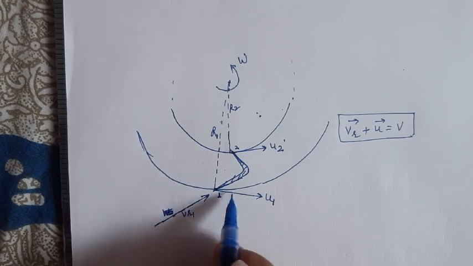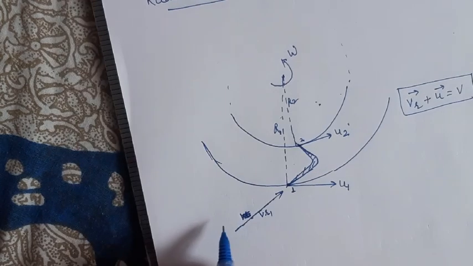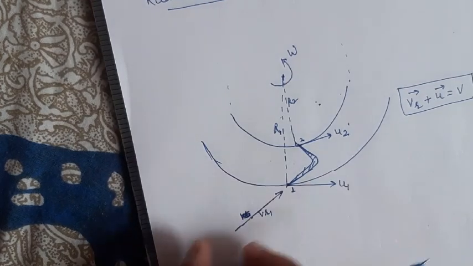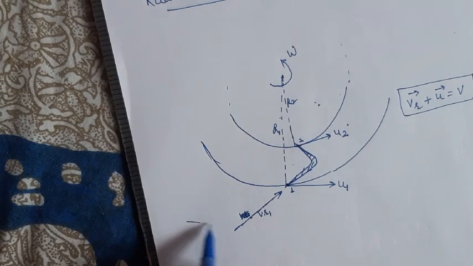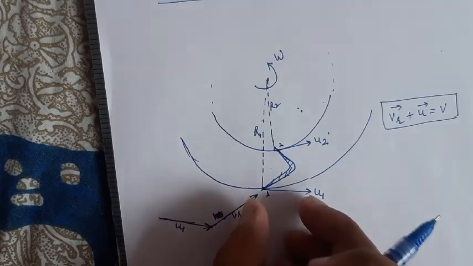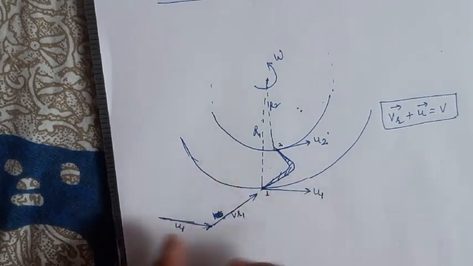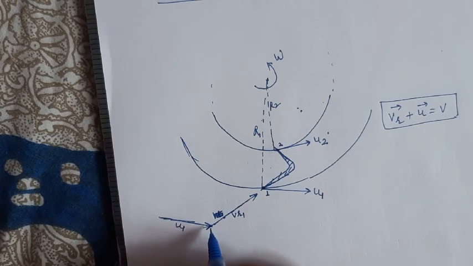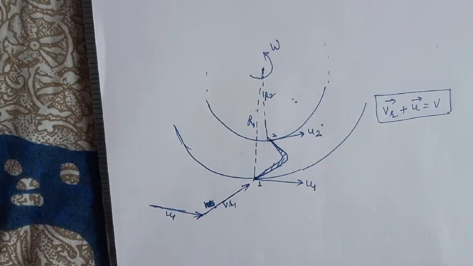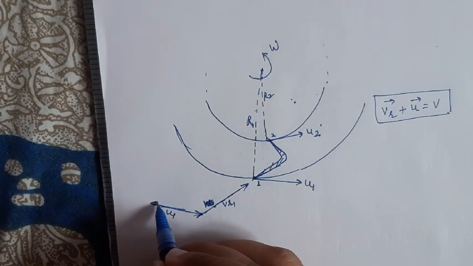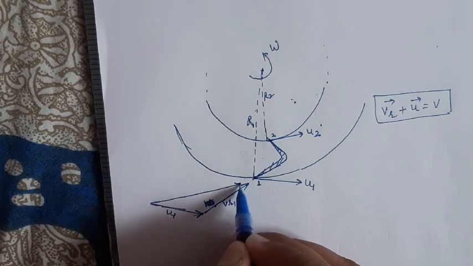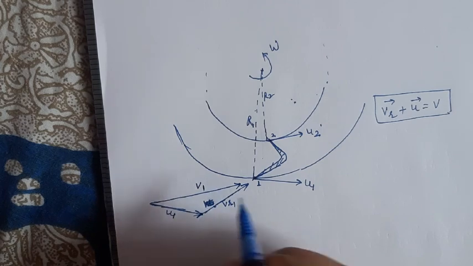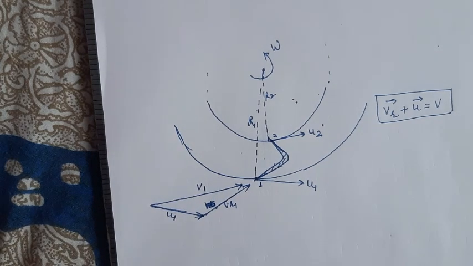Just place u1 over here in the same direction, whatever the direction of u1 is, so that the head of u1 is connected to the tail of Vr1 to complete the vector addition. Then this will represent the absolute velocity v1.